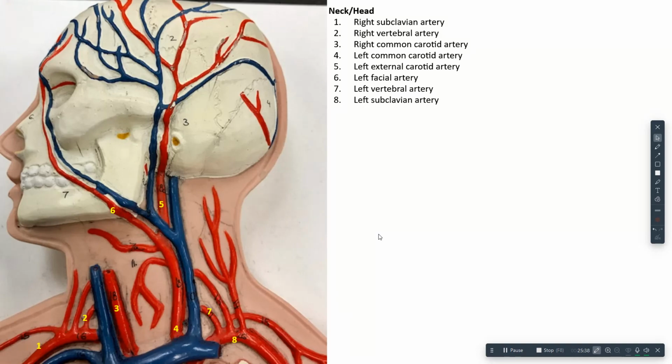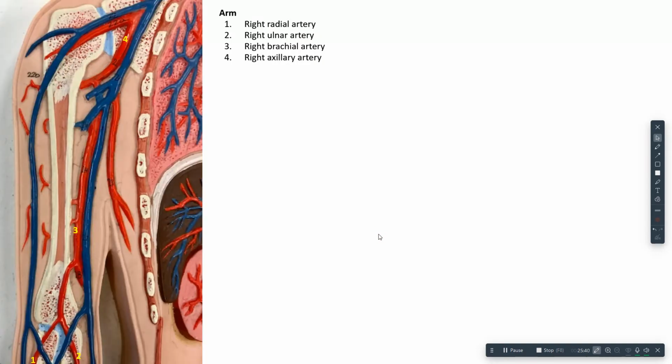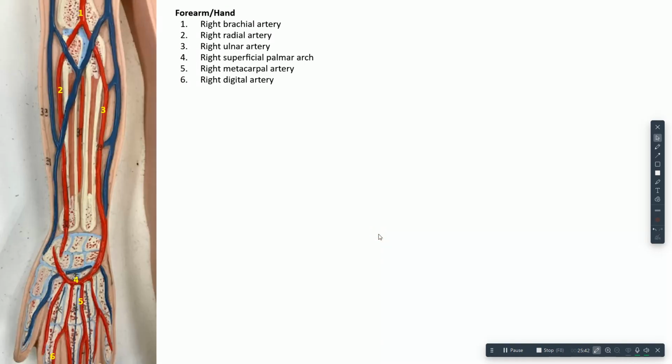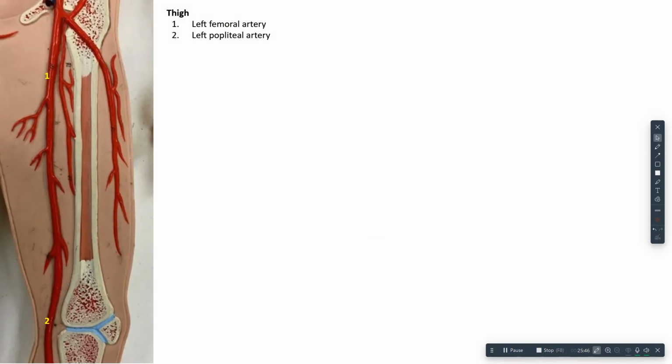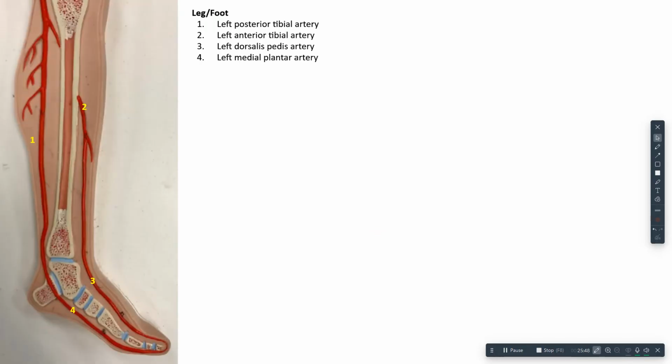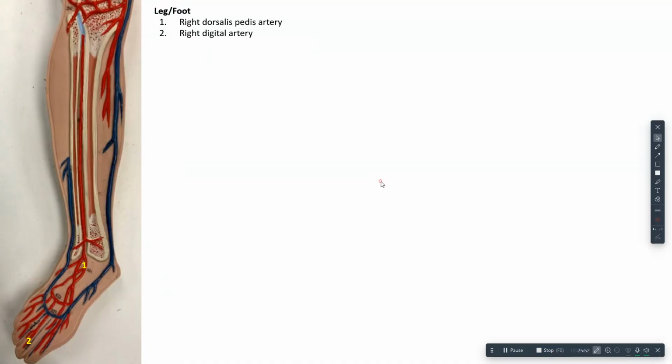I can see a lot of good stuff here as well. I've got his upper arm, his lower arm and hand, his abdomen, his thigh, and then down to his leg. So we can see all that good stuff. And got the other leg as well. I can see some digital arteries in his toes nicely here too. Didn't mention those earlier, but we can see them.